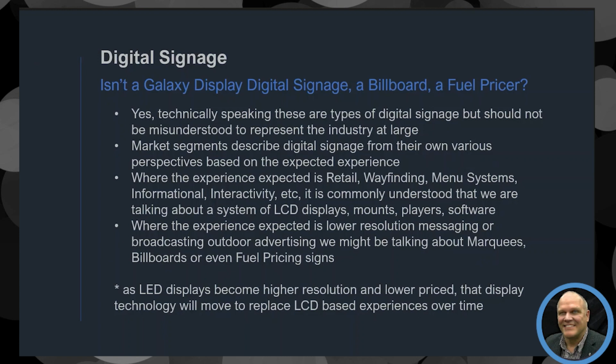And so, as you might be aware, price points are a little bit different. LED is approaching higher end LCD systems at the higher sizes.